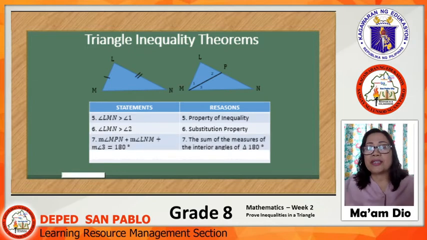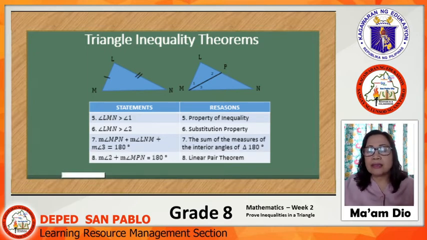Statement number 7, the measure of angle MPN plus the measure of angle LNM plus the measure of angle 3 is equal to 180 degrees. And what is the reason? That the sum of the measures of the interior angles of a triangle is 180 degrees.